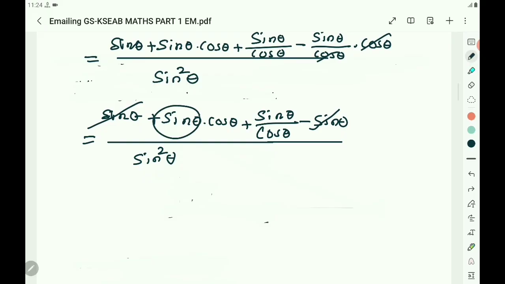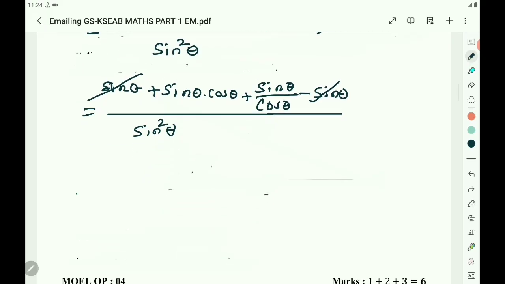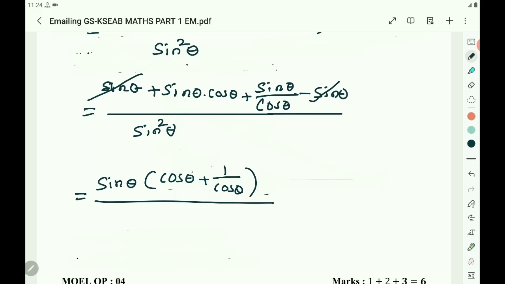Now you can take sin theta common. Sin theta into what is remaining here? Cos theta plus 1 by cos theta is outside, by sin square theta.